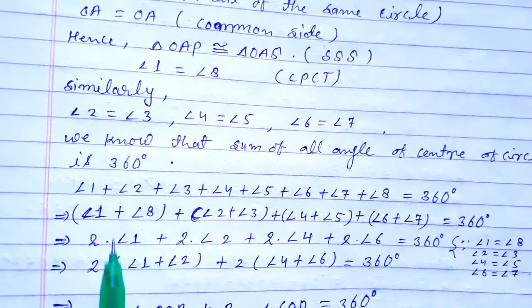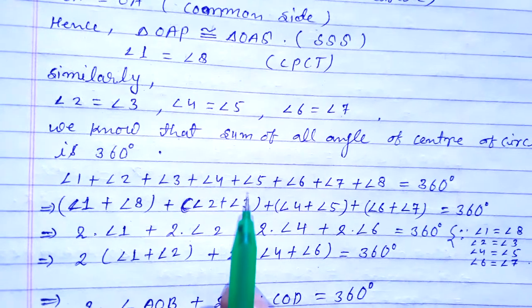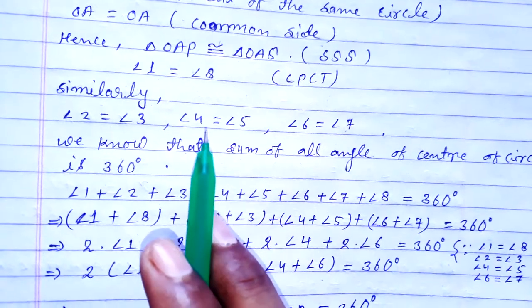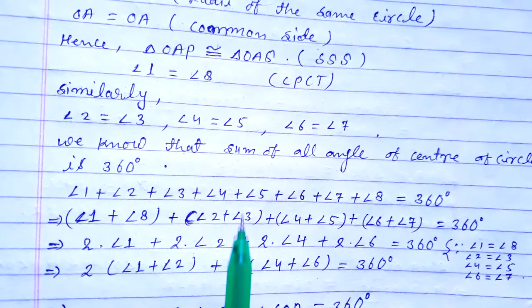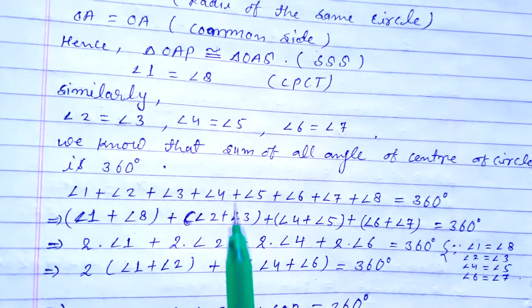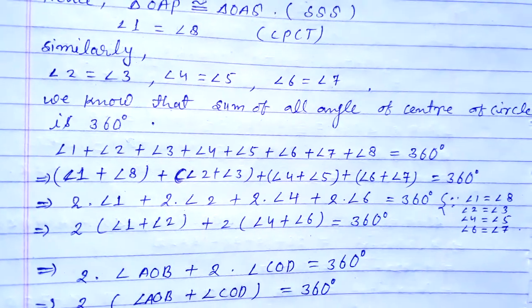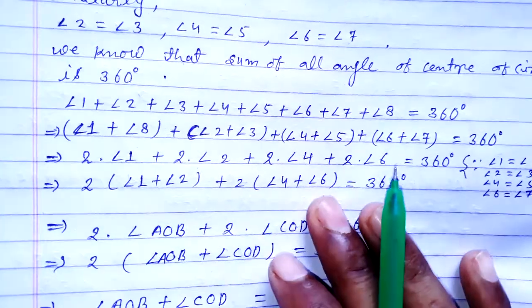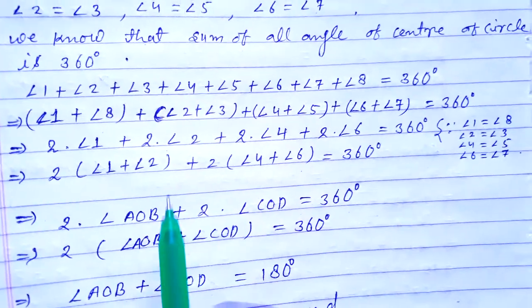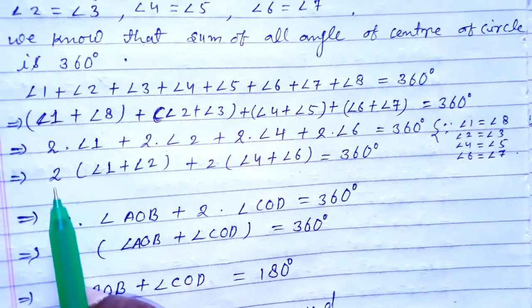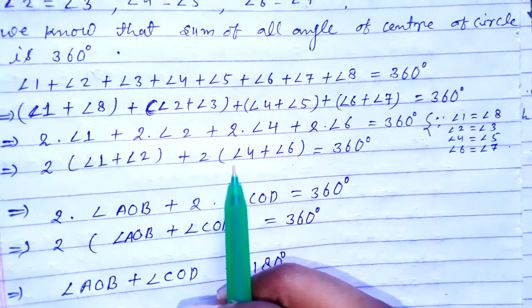So 2 times angle 1, and for angle 3 put angle 2, so this is angle 2 times, also this angle 2 times. So take the common 2 here and take the common 2 here.